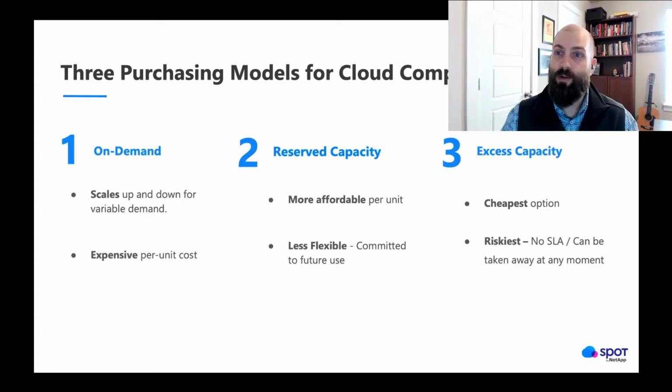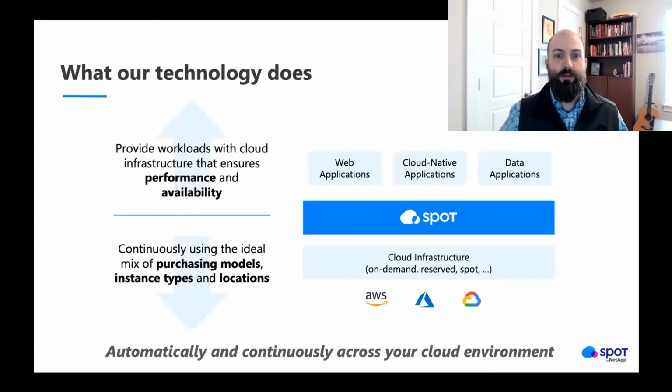So that's what we have solved for here at Spot, is being able to automate the utilization of a combination of all of these instance types at the best possible cost. So at its core, what we do is we are an intermediary layer that provides automated, optimized infrastructure between your underlying cloud infrastructure and the applications.